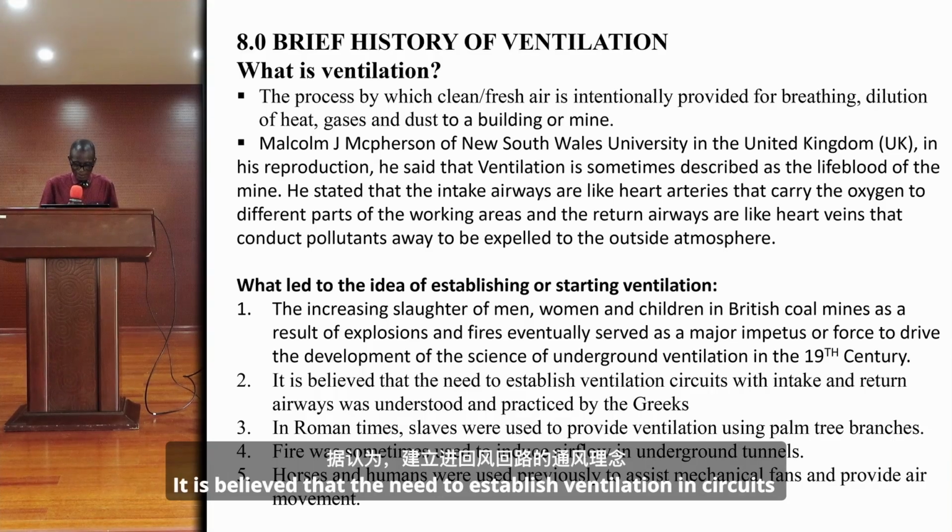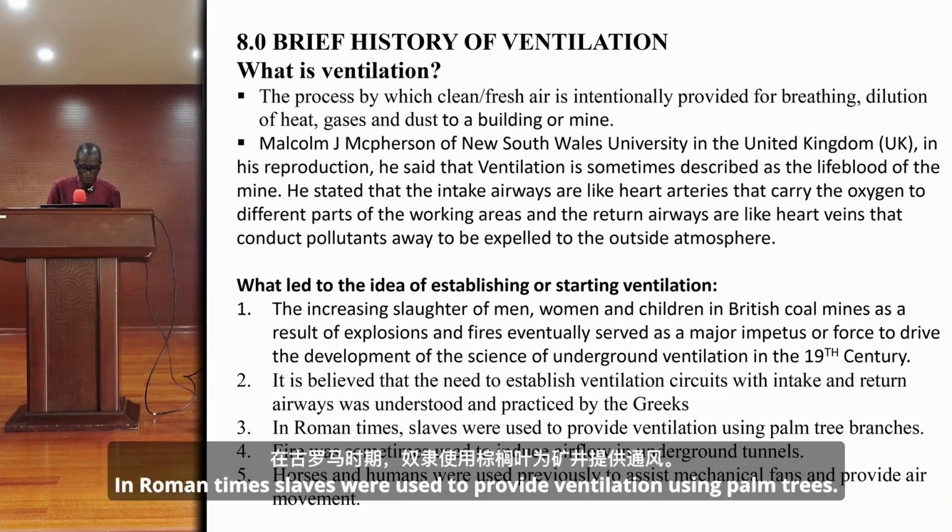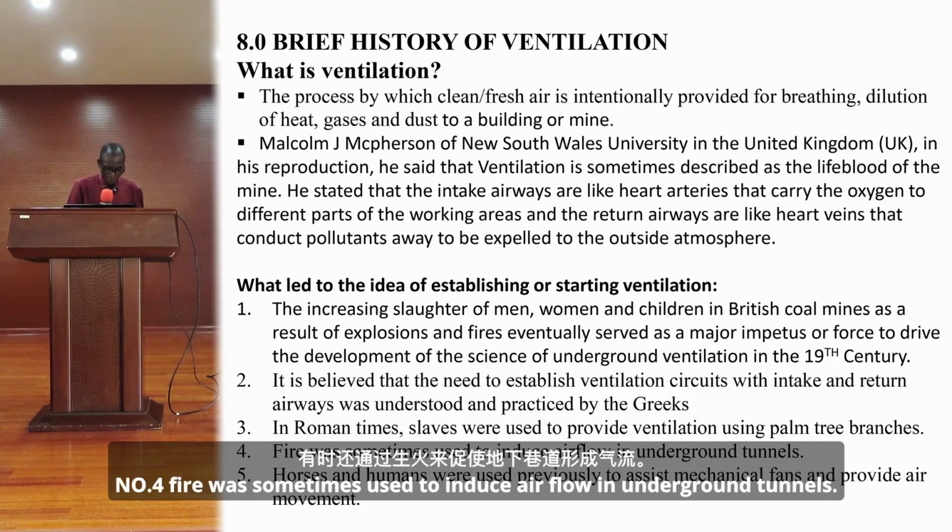It is believed that the need to establish ventilation circuits with intake and return airways was understood and practiced by the Greeks. In Roman times, slaves were used to provide ventilation using palm trees. Number 4, fire was sometimes used to induce airflow in underground tunnels.